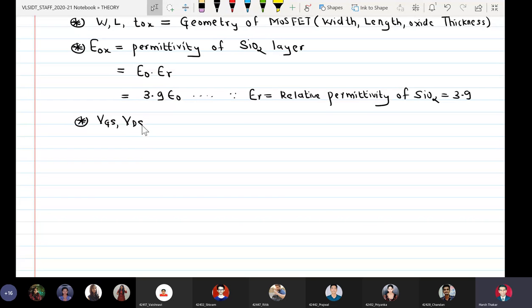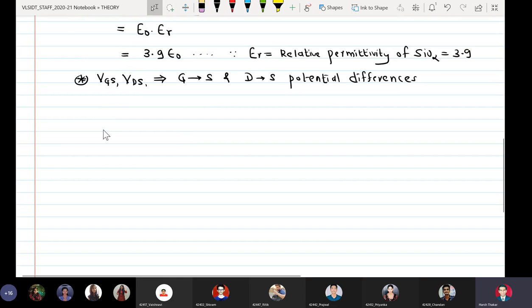VGS, VDS are the gate to source and drain to source potential differences.